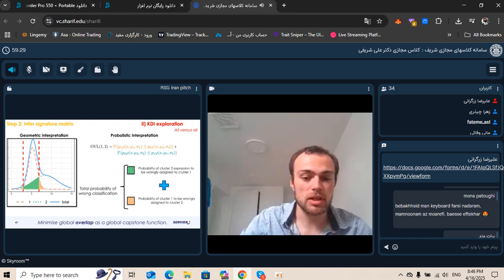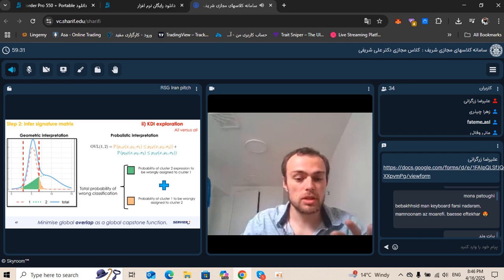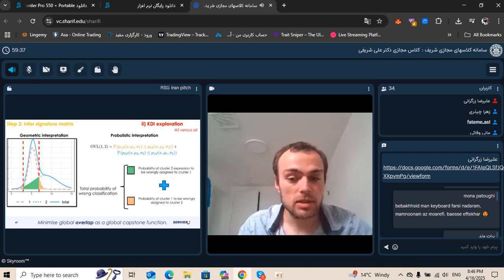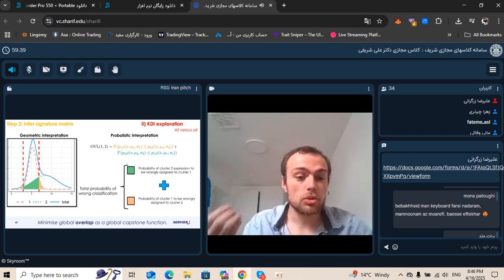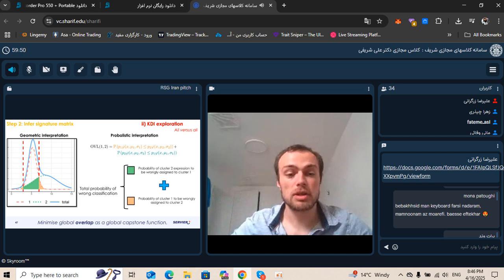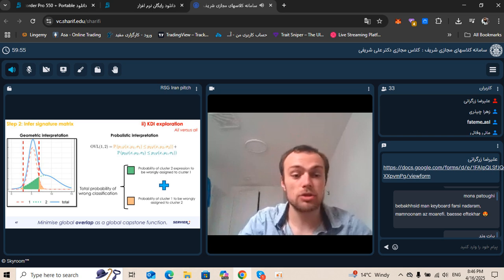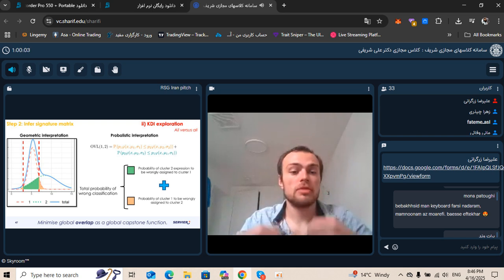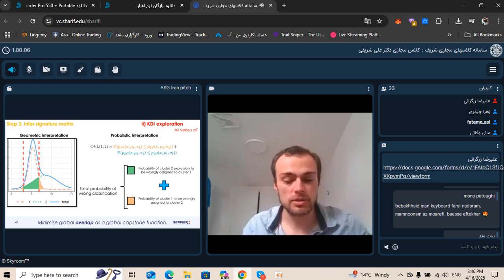The overlap here, for example, considering 2 distinct distributions, would be the area under the curve. Or if you want to interpret it probabilistically, it is the total probability of misassigning a given expression profile to a given cell population, even when you know the true parameters, namely the generative networks, the covariance precision matrices, and the mean expression profiles. So something that we would like to optimize is to reduce the overlap between your cell expression profiles.